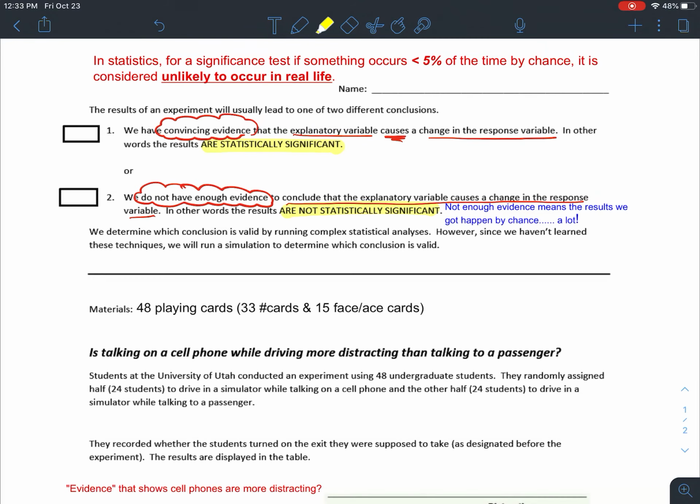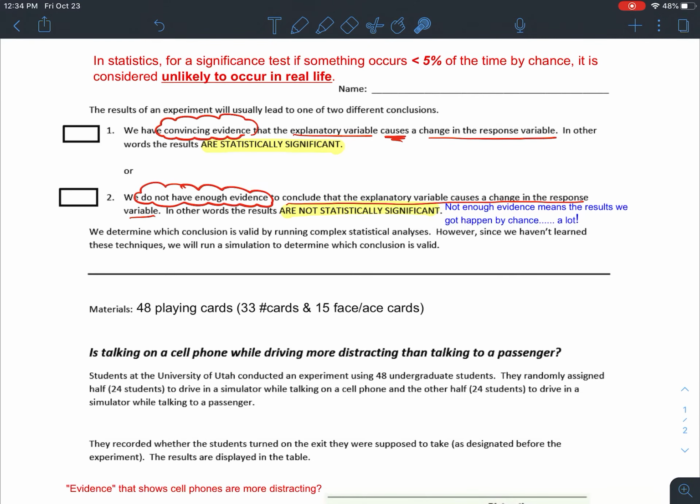Now, how do we know whether we have the evidence or we don't? Typically, whatever happened in your experiment, we replicate those same conditions through a simulation. When you perform a simulation, random chance is in control of who gets allocated to which treatment group.